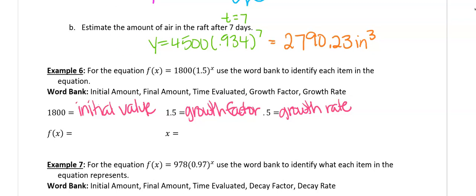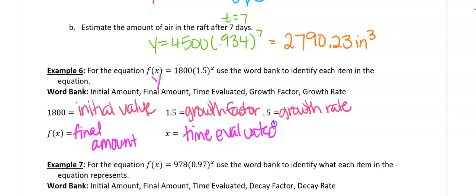Okay, I'll do a different color. The f of x is this right here, which would be our y value. So that's going to be our final amount. And then the x value is going to be the time evaluated. So how long were we waiting, or how long was it going on, and generally that's what it is in all these problems.